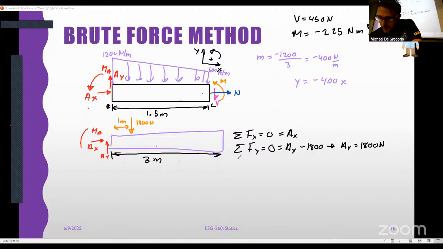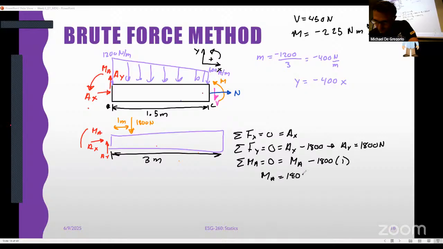All right, sum of the moment. I sum the moment at A. What does this give me? Well, we know that that's 1 meter away. I have MA, which I assume to be positive, right? Minus 1800 times 1. 1800 Newton meters.